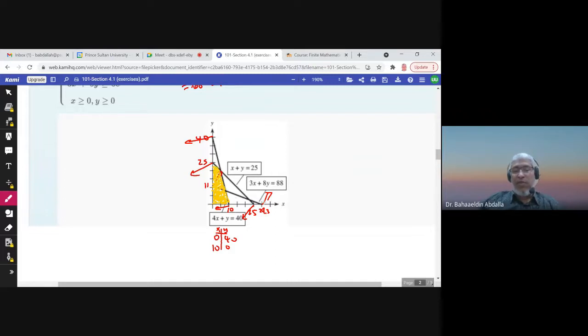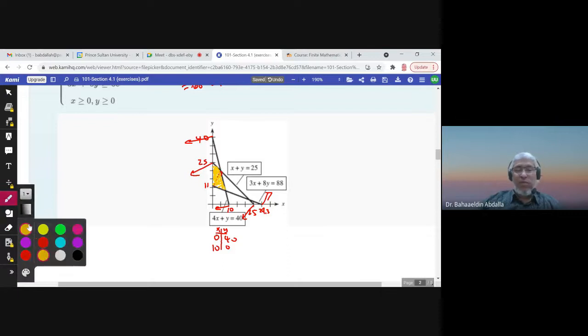Yeah, it is above this line. Oh, it's not good because this part is below this line, and we need to be above this line. So it is this region. It is this region only.